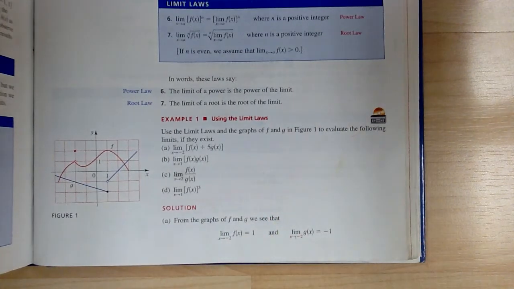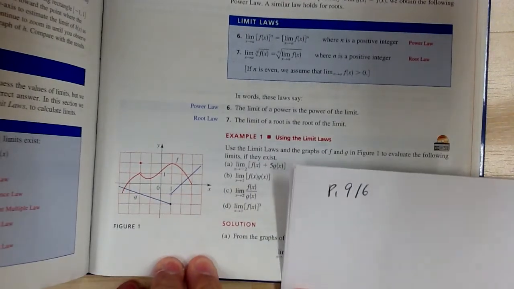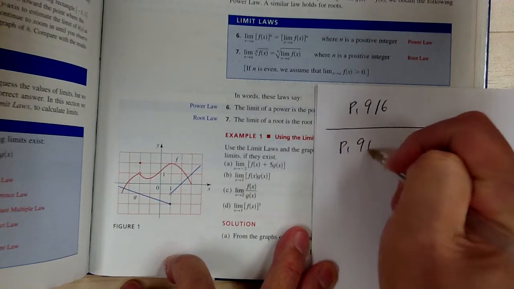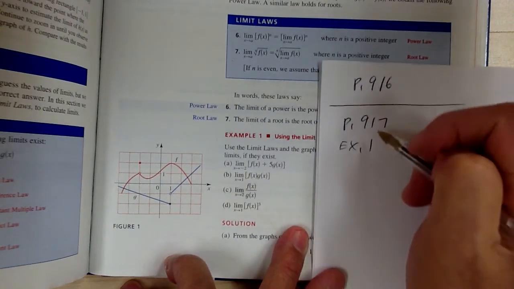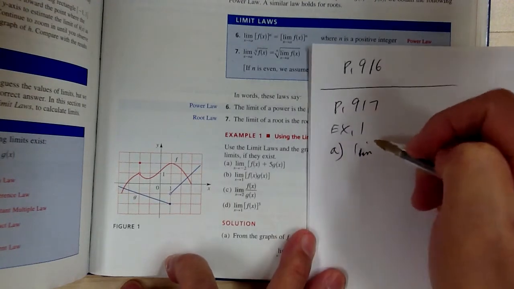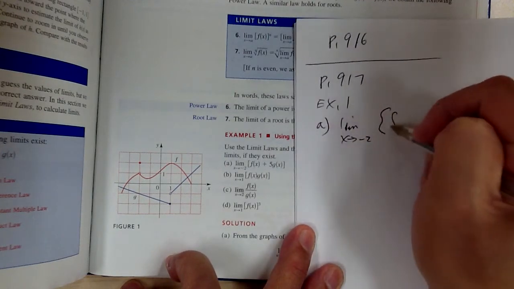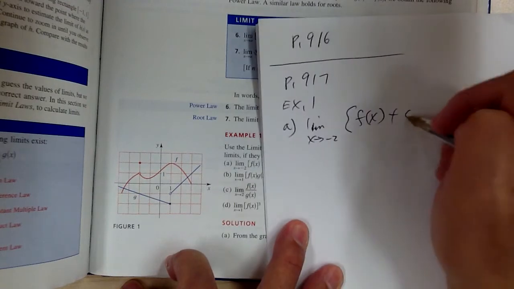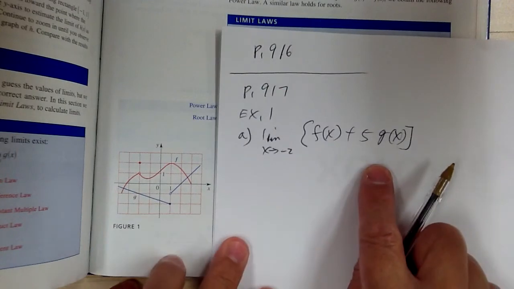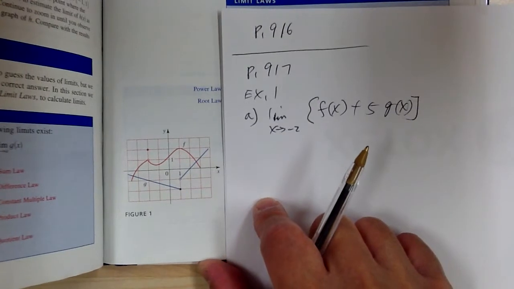Okay, so let's go to example 1, on page 917, and let's do A. You have the limit as x approaches -2 of f of x plus 5 times g of x. What you do is you go to the graph over here.